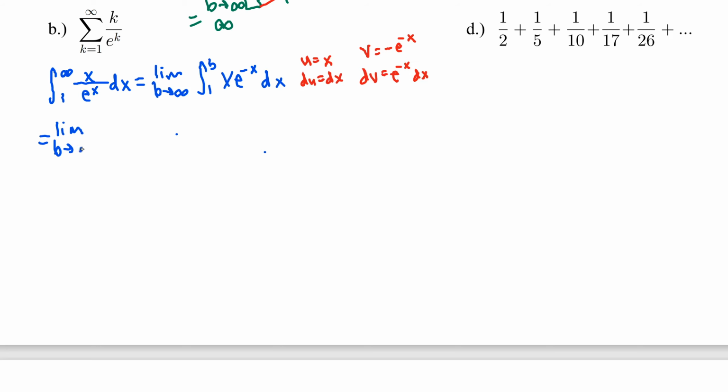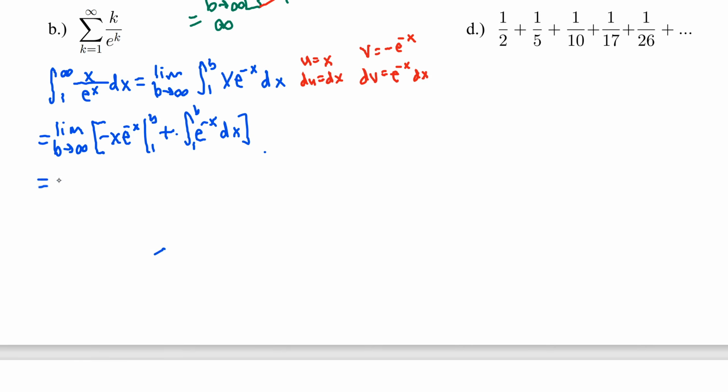We have the limit as b approaches infinity of u times v, that's going to be negative x e to the negative x. Now remember, this is a definite integral, so that will need to be evaluated, minus the integral of v du. Because v is negative, we can cancel this negative here, and we have e to the negative x dx. And again, that is a definite integral.